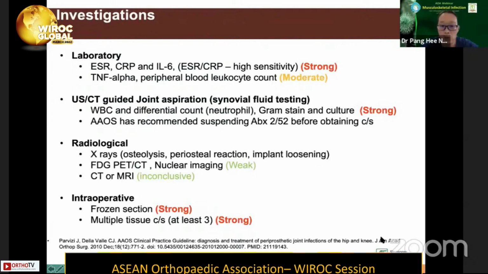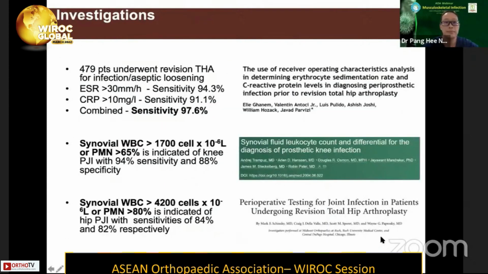A frozen section has strong evidence, but you need to know which are the representative areas to send for histology, and you also need pathologists who can do the staining properly and give you a proper report. It's important to take multiple tissue samples. I take at least 5 to 7 tissue samples from different sites for cultures with prolonged incubation.